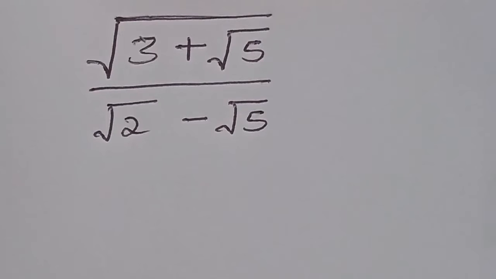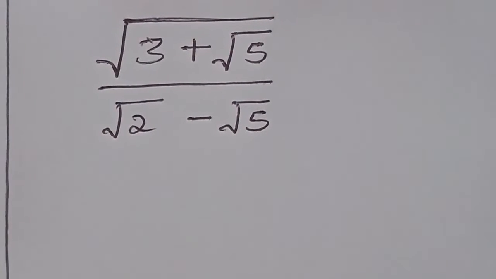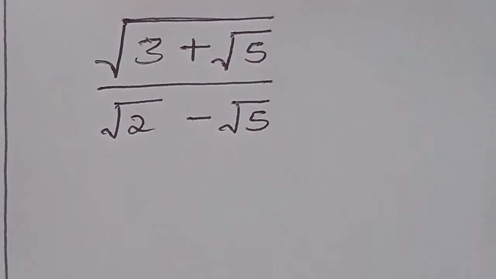In this lesson, we want to simplify this radical expression. We have square root of 3 plus square root of 5, all over square root of 2 minus square root of 5. So, solution.